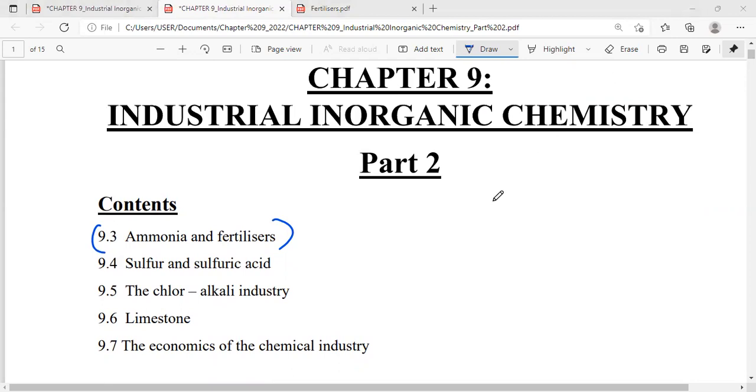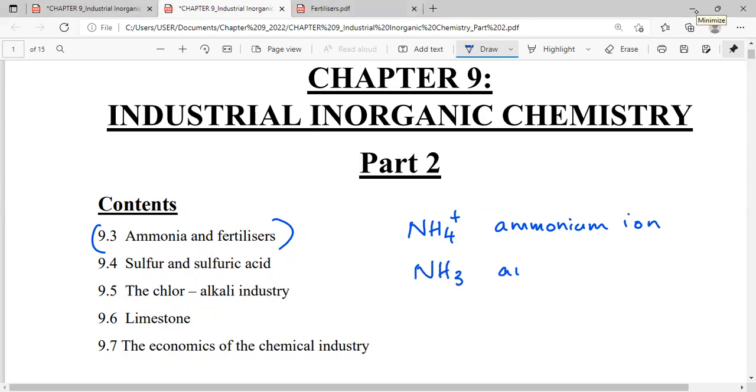NH4+ is the ammonium ion. My question is, what's the formula for ammonia? NH3. Okay, good. So NH3 is ammonia. Okay, good, Faria. Ammonia is NH3. So we are going to learn about ammonia and fertilizers.